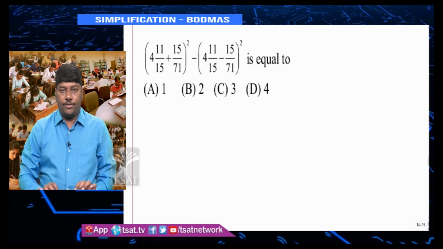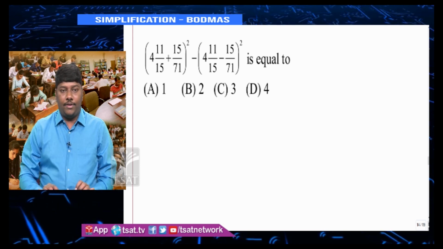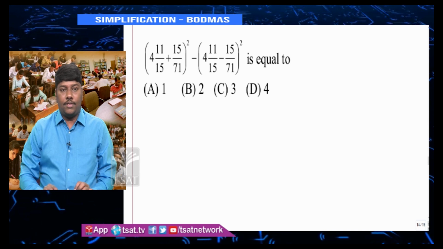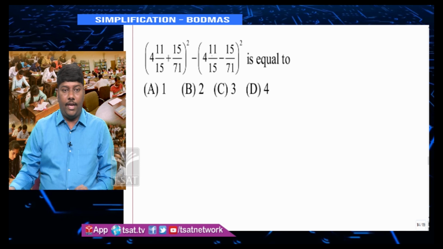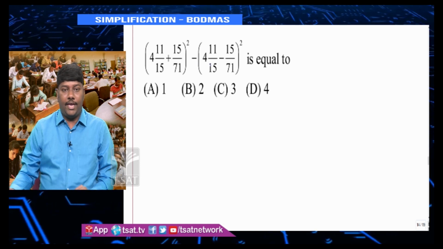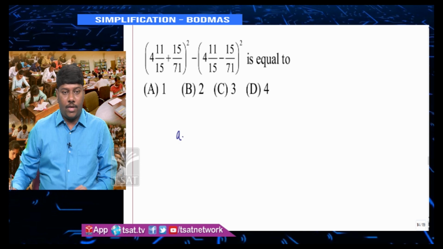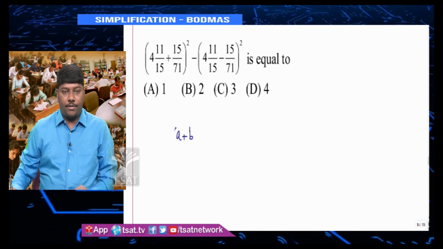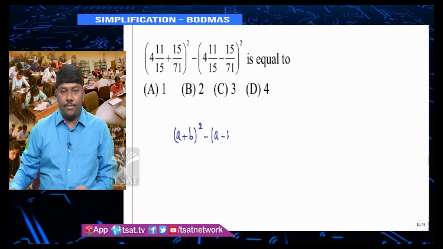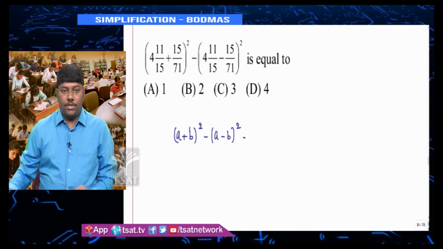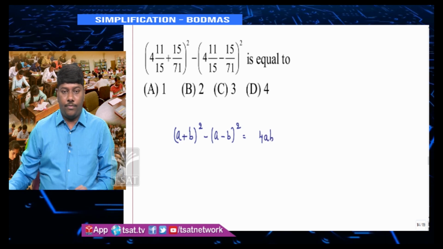Now, look at the problem based on this. Now, look at the fractions given. 4 11 by 15 plus 15 by 71 whole square. It is in the form of a plus b whole square minus a minus b whole square. Just now we have seen a plus b whole square minus a minus b whole square is equal to 4ab.